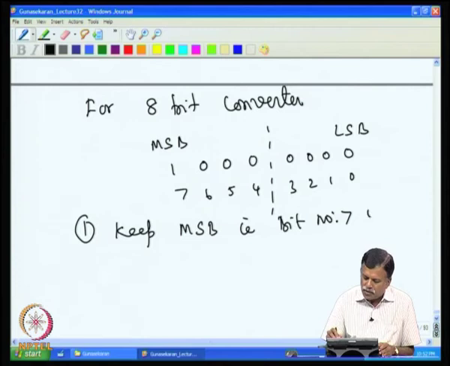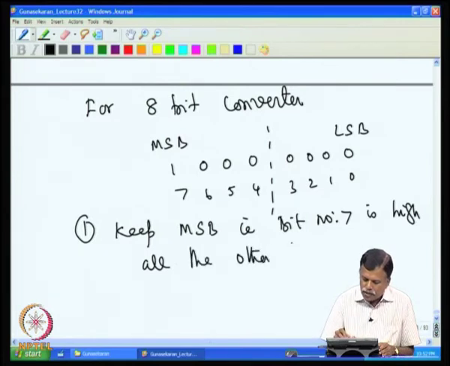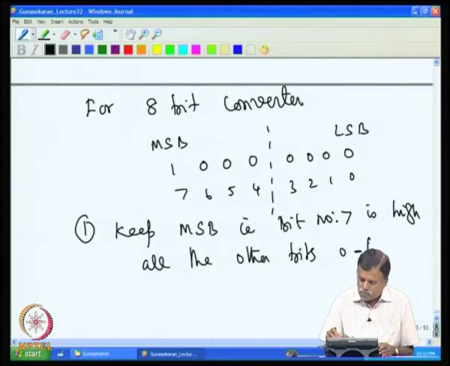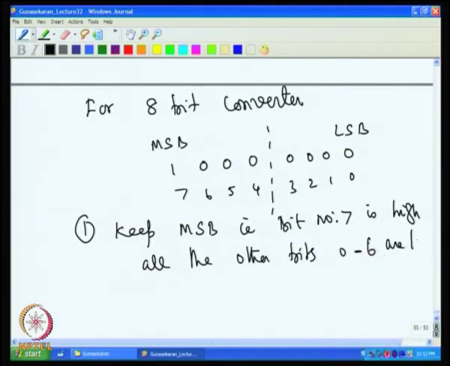MSB, bit number 7, is high, and all the other bits, bits 0 to 6, are low. So, you keep bit number 7 alone high, and all the other bits low.